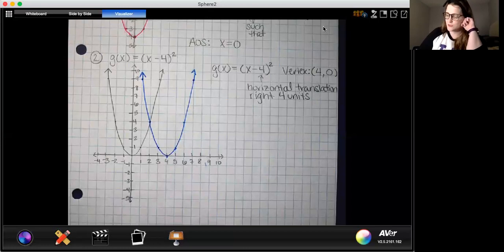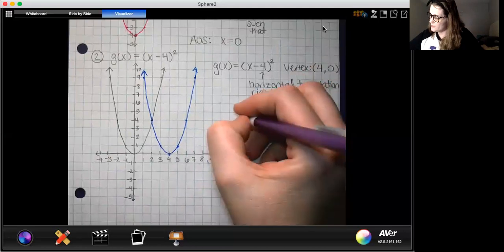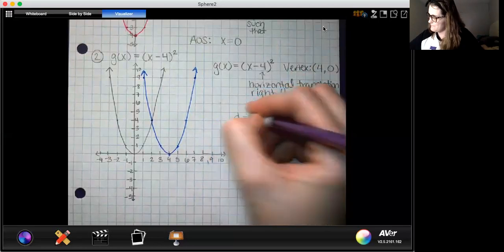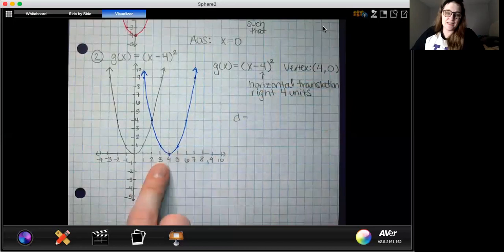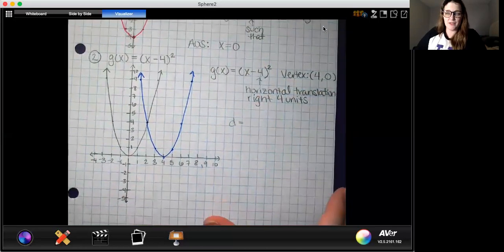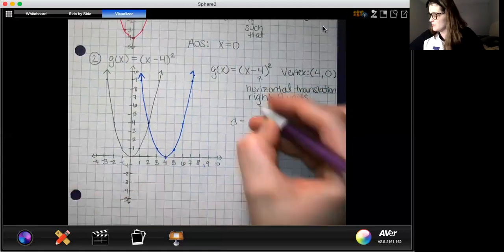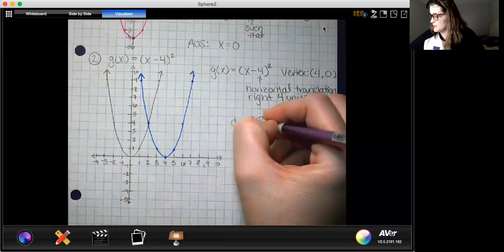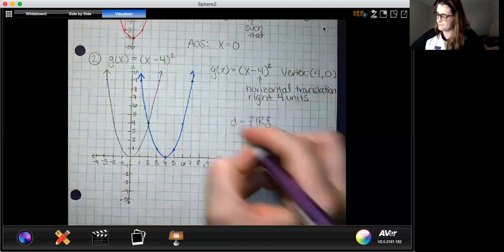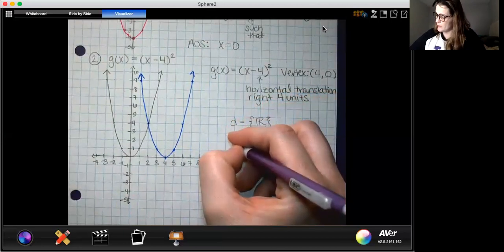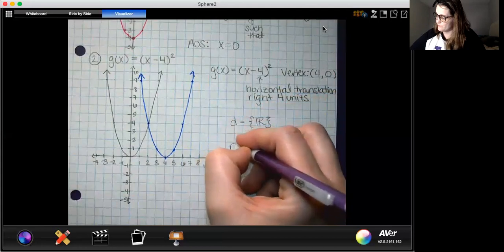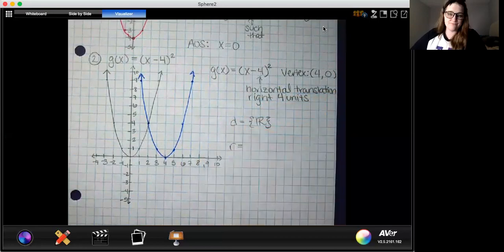Okay, now let's talk about the domain and range for this graph. So we have our domain. Now, again, is there going to be any restriction on my x values? Is there any x value that I would ever not be able to graph? The answer is no. So therefore, that means my domain is all real numbers again. Now for my range, is there a restriction?